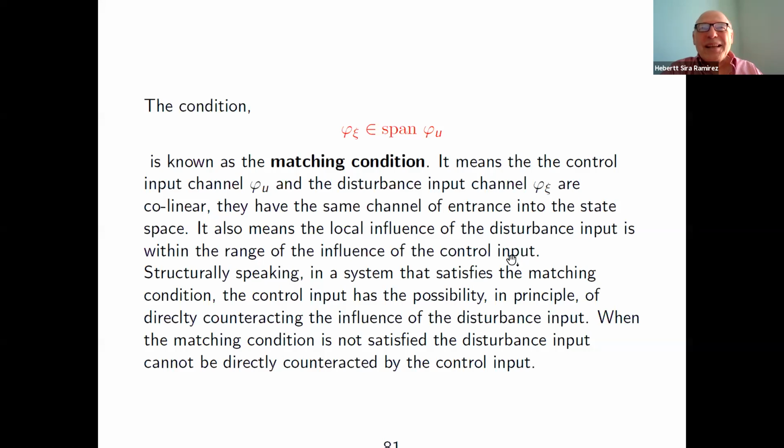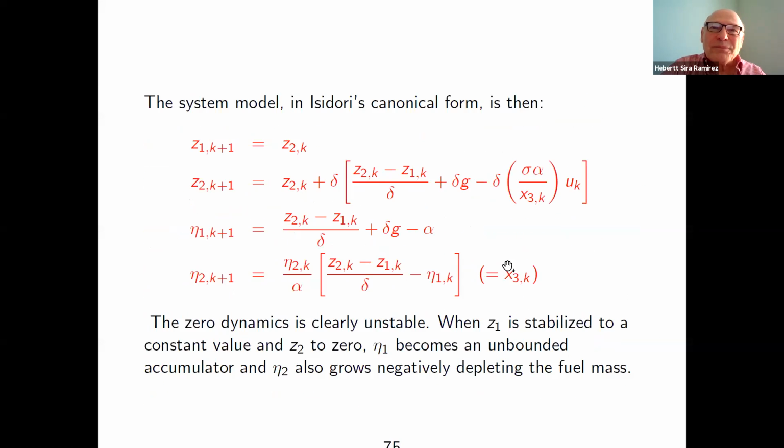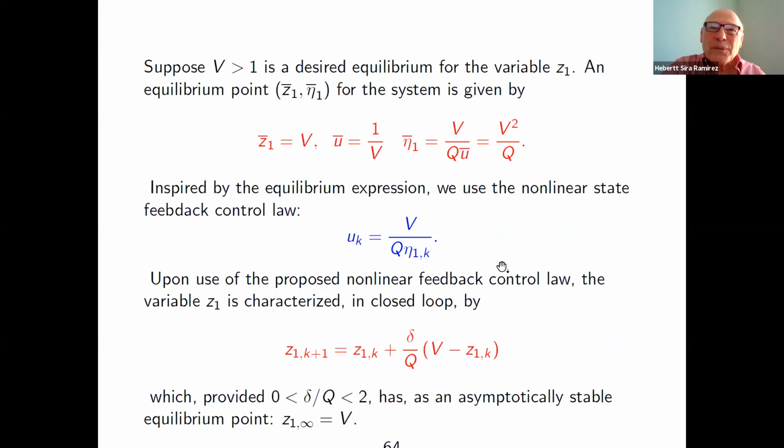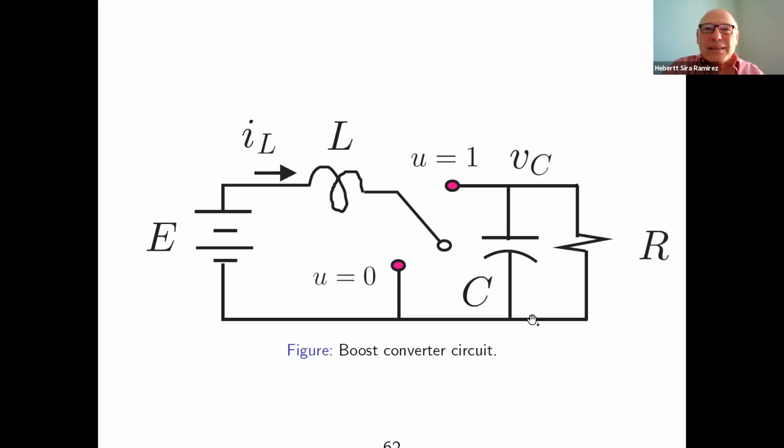Okay, I can go back to the power electronics example and show you precisely what we have in this case. This is the model of the boost converter. A disturbance can come in the form of a load current.